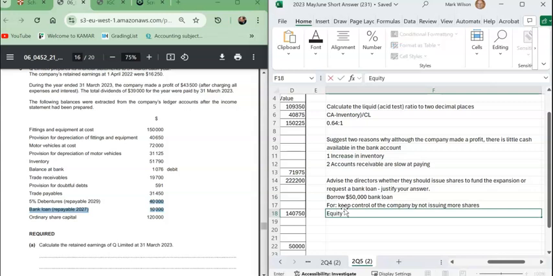That the equity ratio is still okay. What we've got: 120,000 in shares, and how much is our retained earnings? 20,000.